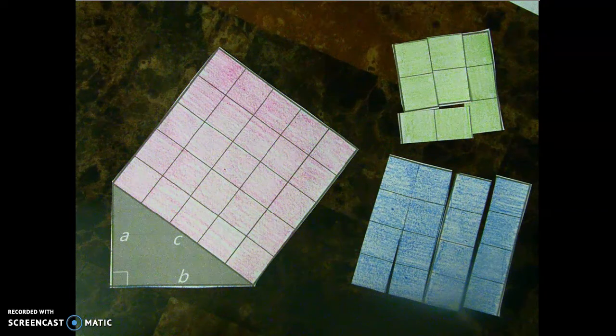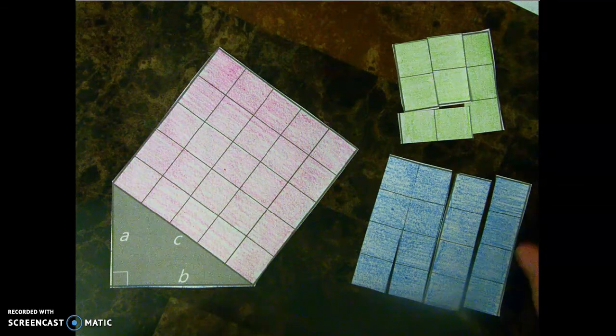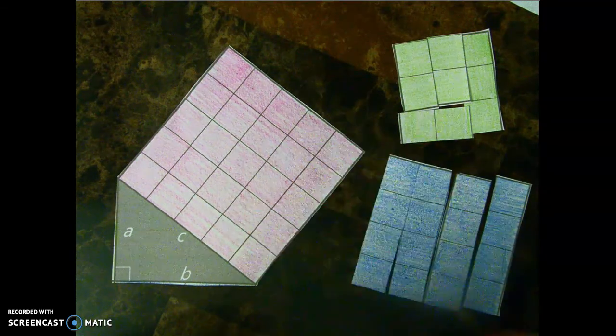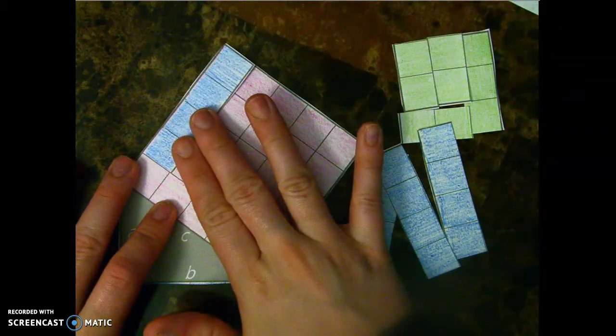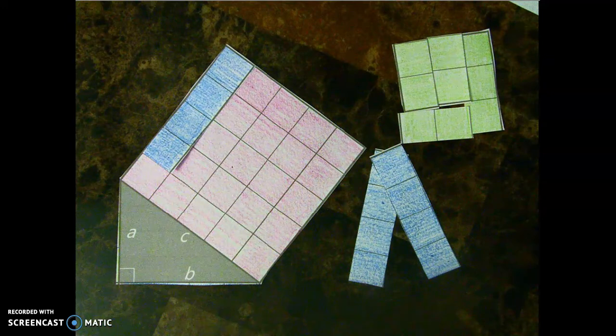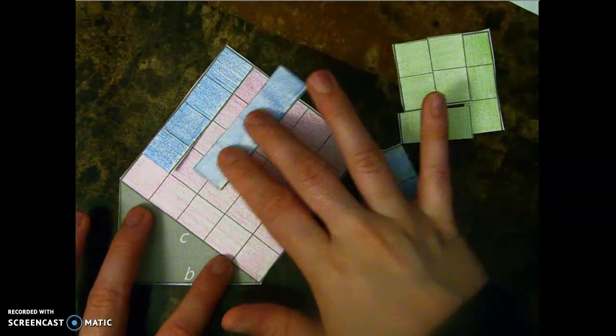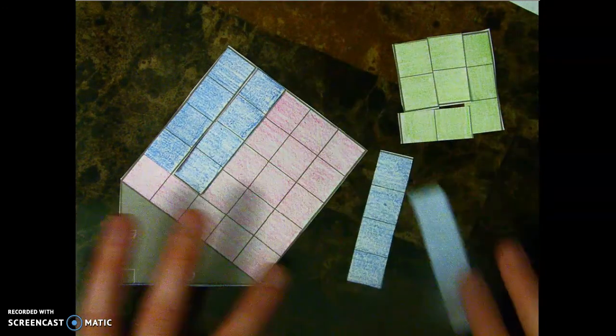So the next part of the instruction was, after we cut them out, to fit both the A box and the B box inside the C box, which is this one. So again, I'm going to see if I can get these squares to fit inside of block C. As you notice, I had to cut them up because they would not fit in as they were.